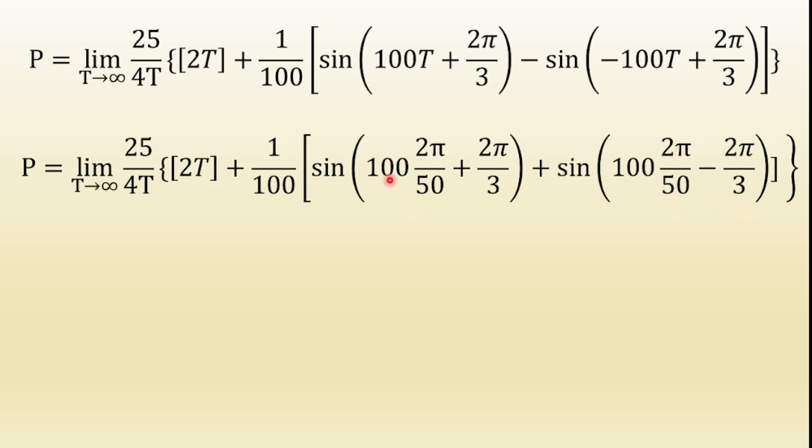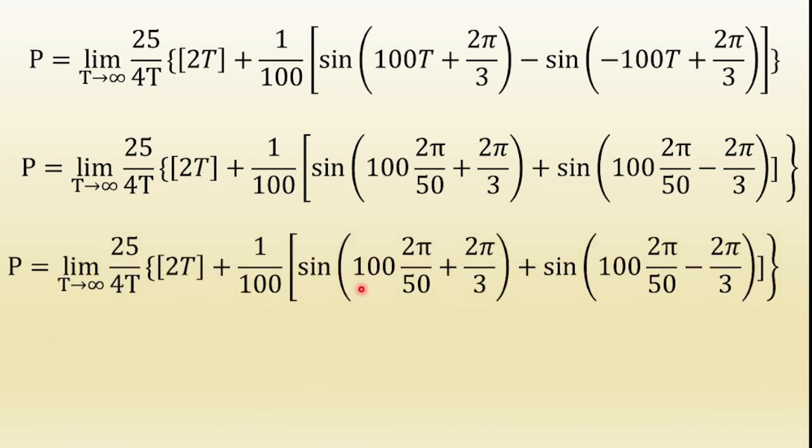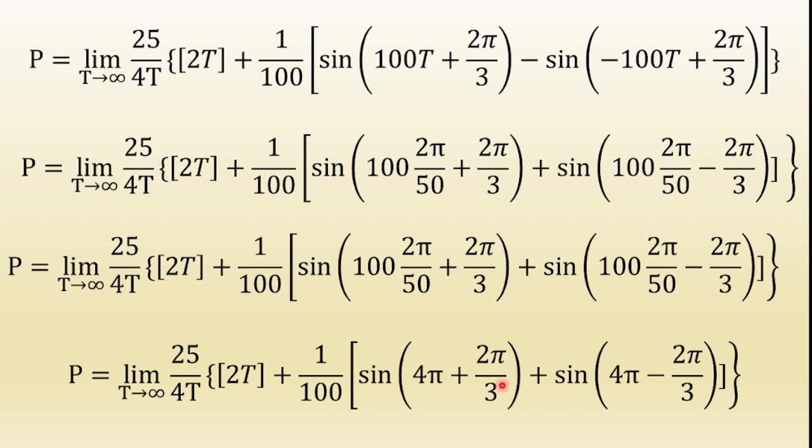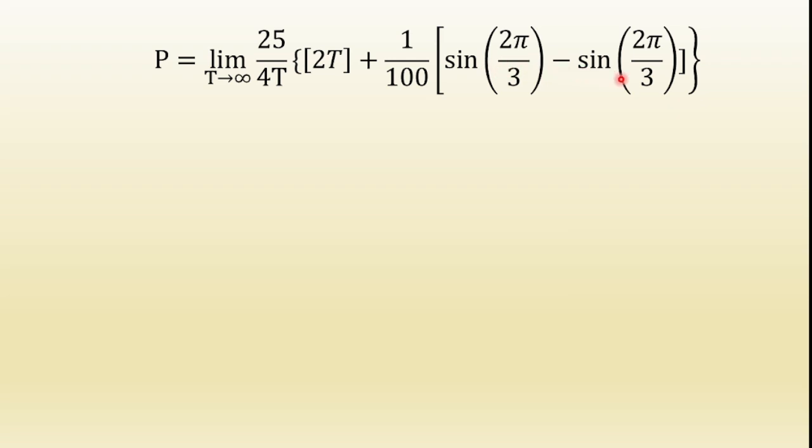So now here the 50s are cancelled, 2 into 2 pi is 4 pi, therefore sine of 4 pi plus 2 pi by 3 plus sine of 4 pi minus 2 pi by 3. Sine of 4 pi plus 2 pi by 3 is sine of 2 pi by 3. Sine of 4 pi minus 2 pi by 3 is sine of minus 2 pi by 3, which is minus sine of 2 pi by 3. So sine 2 pi by 3 minus sine 2 pi by 3 is cancelled, so 0. 1 by 100 into 0 is 0.